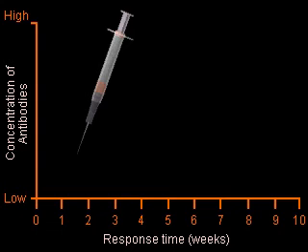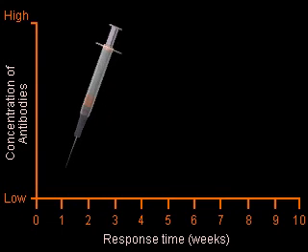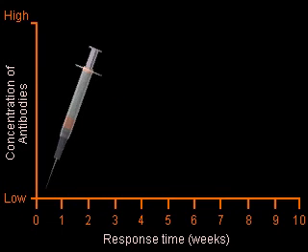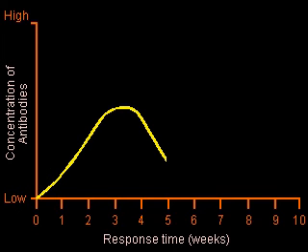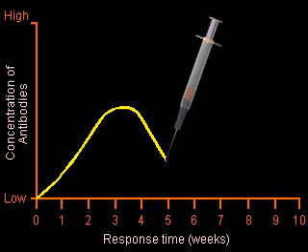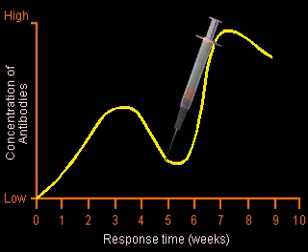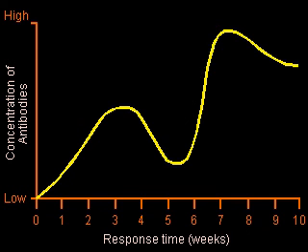A vaccine immunization deliberately introduces a killed or weakened pathogen into your body to provoke an immune response and produce memory cells. A second injection, called a booster shot, elicits a secondary immune response. This produces more memory cells and antibodies to make you immune to the disease.